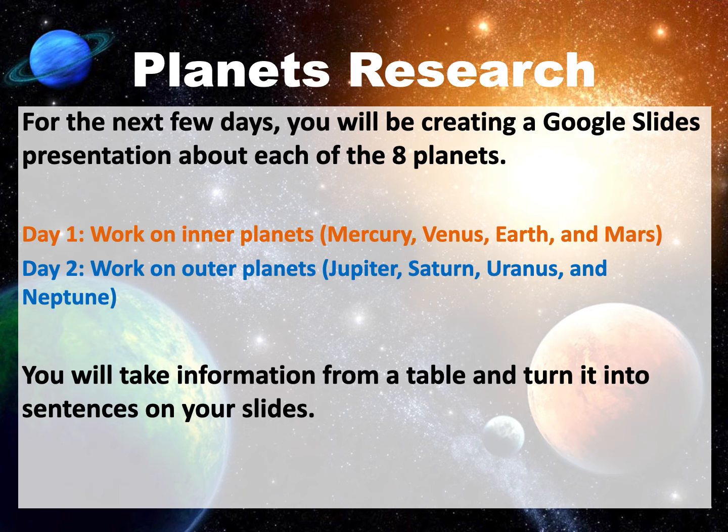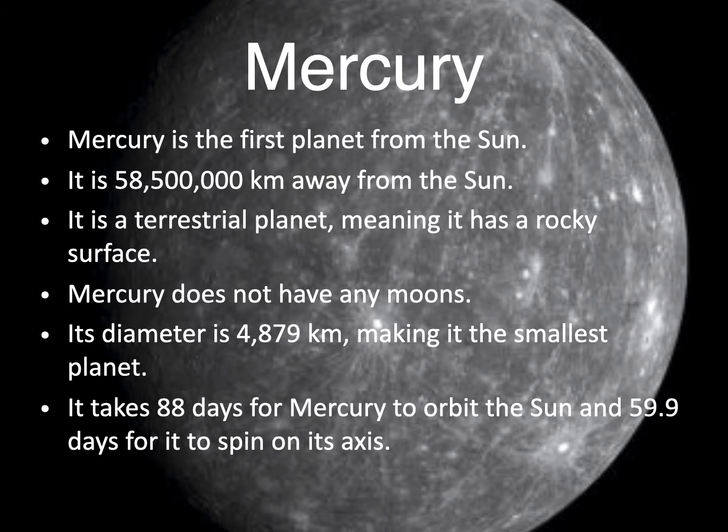And when you do a slide, I want it to look a little something like this. Now, of course, yours doesn't have to look exactly like this. You can be creative in the picture and the colors and all of that kind of stuff. But this is a general idea of what I want your slides to look like. You have a picture of the planet, you have the name of the planet at the top, and then you've taken the information from the table I'm going to show you, and you're turning it into complete sentences.